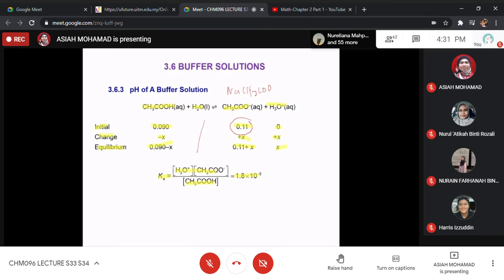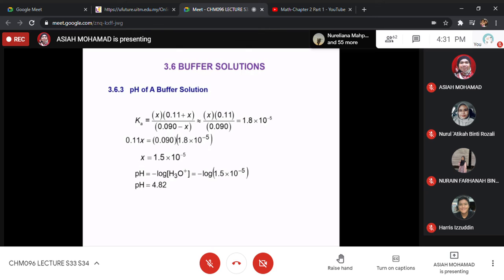From the equilibrium expression, we are going to plug in all the values of the hydronium ion concentration at equilibrium, conjugate base concentration at equilibrium, and acetic acid concentration at equilibrium. And the Ka value here is 1.8 times 10 to negative 5.